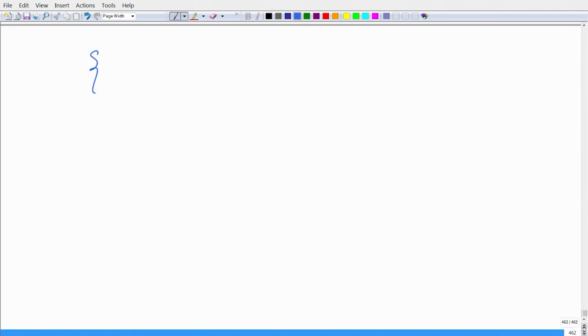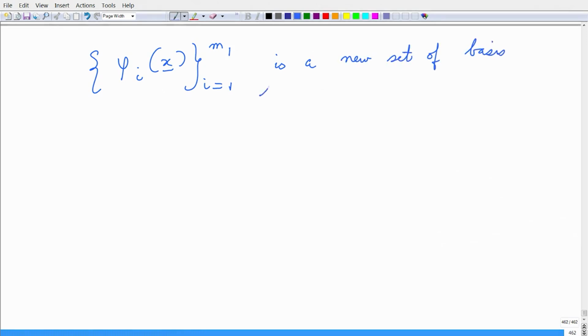Now my phi i of x for all these points i equals 1 to M1 is a new set of basis functions, and of course, since it is a basis function, it has to be linearly independent.